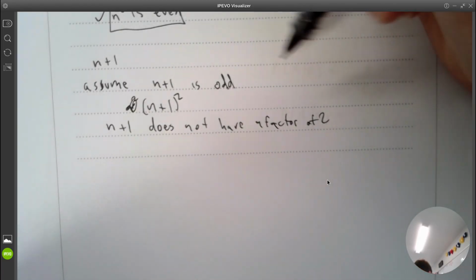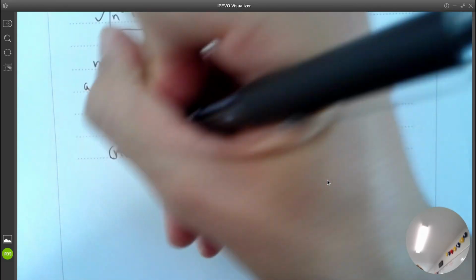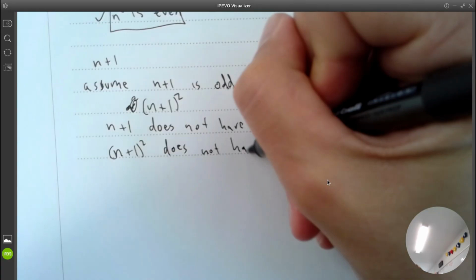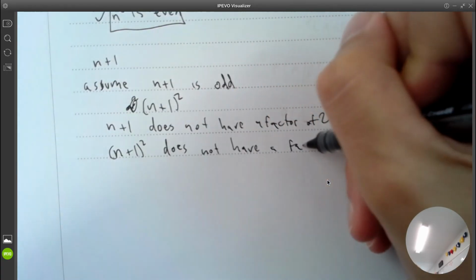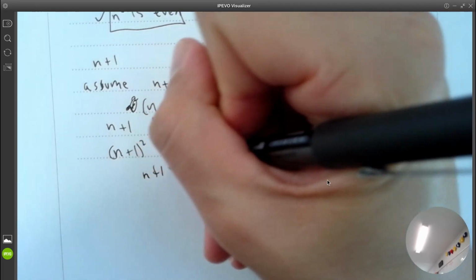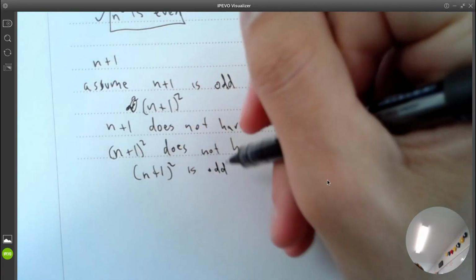N plus 1 does not have a factor of 2. That means that n plus 1 squared does not have a factor of 2. That means that n plus 1 squared is odd.